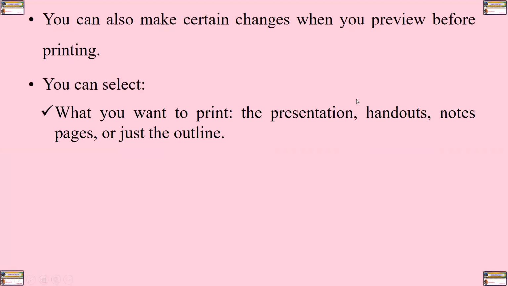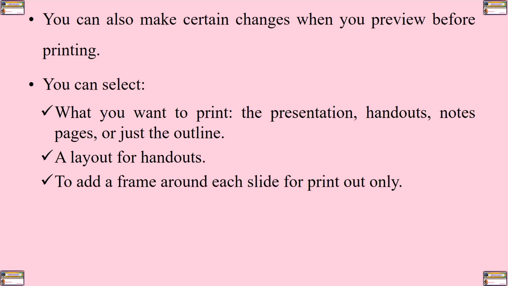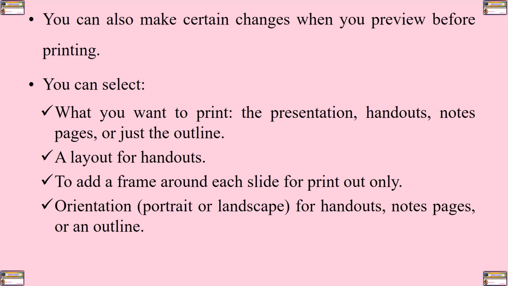You can select what you want to print: the presentation, handouts, notes pages, or just the outline. A layout for handouts. You can also select to add a frame around each slide for printout only.